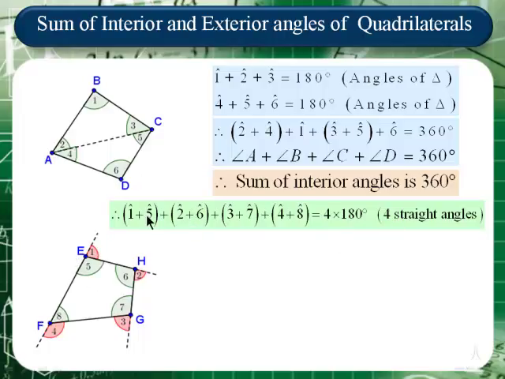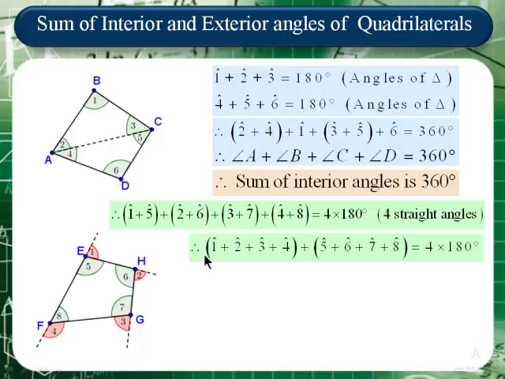Therefore the sum of the 4 indicated pairs here will have a total sum of 4 times 180, because it's 4 straight angles. Now we want to get an idea what is the sum of angles 1 plus 2 plus 3 plus 4. So we simply regroup.